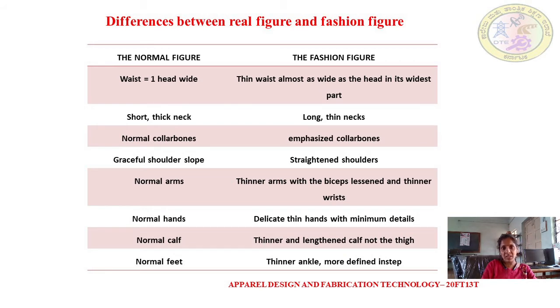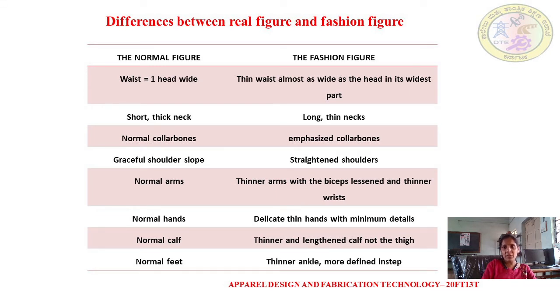In this figure, the neck, the shoulder, the arms, and the shoulders are very graceful. Anything you drape on the shoulder, for example a sari pallu or dupatta, drapes very nicely and seems very attractive in appearance.